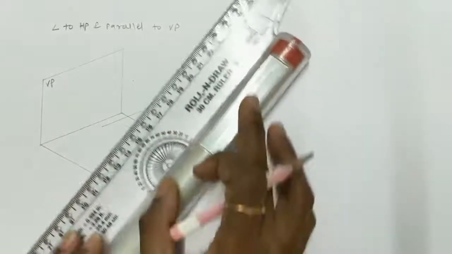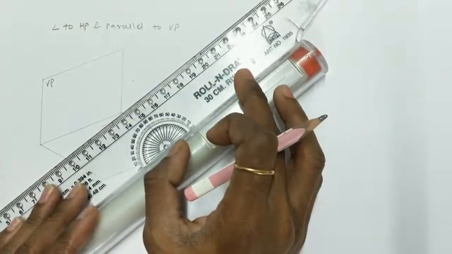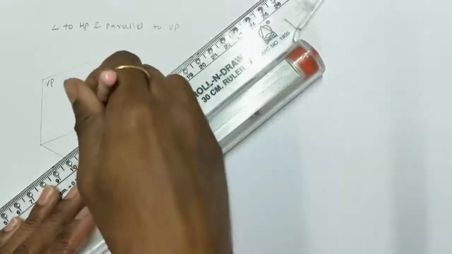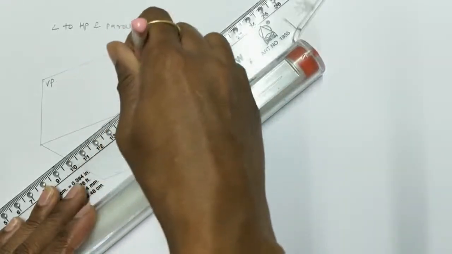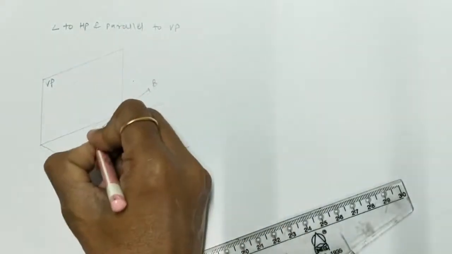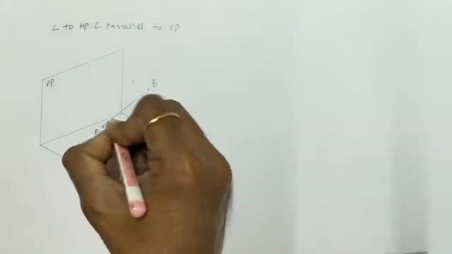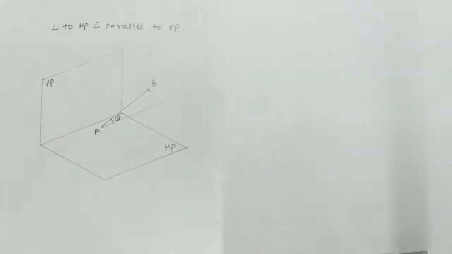Now draw a line. Suppose this is the line A and B. So this is the inclination angle theta, that is, the line is inclined to HP having an angle theta. So the line AB we have drawn.